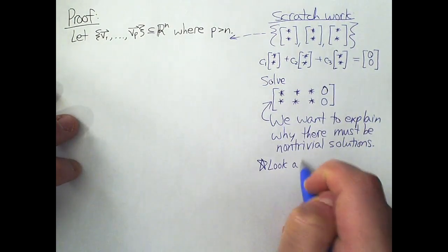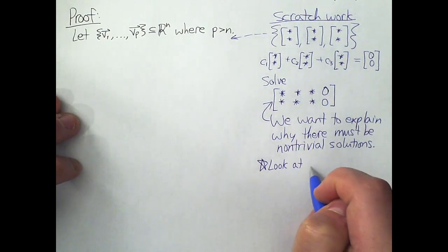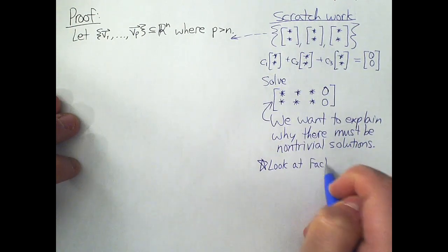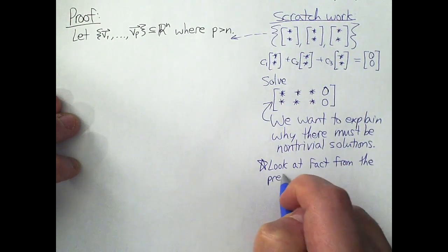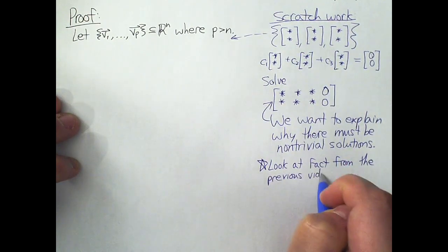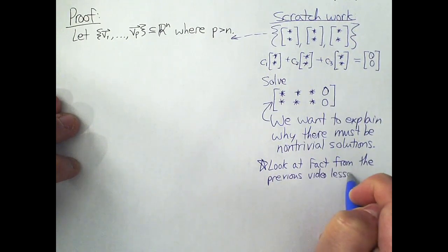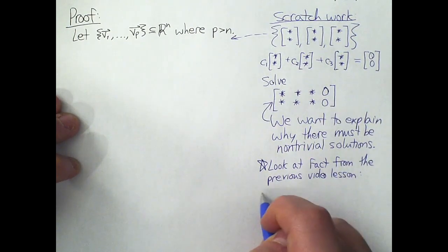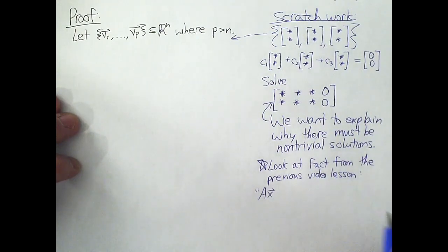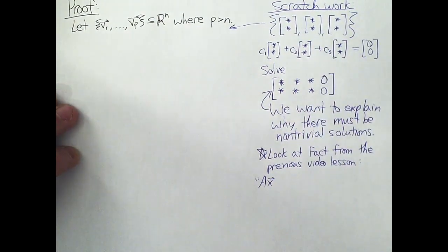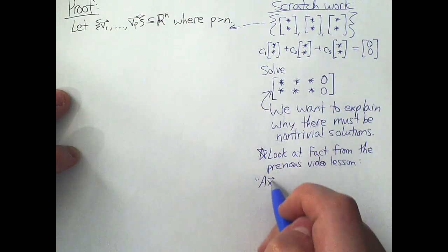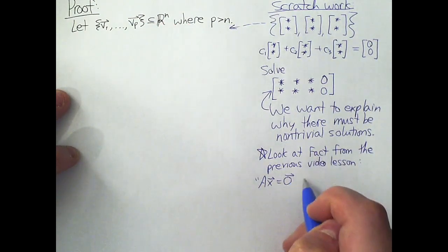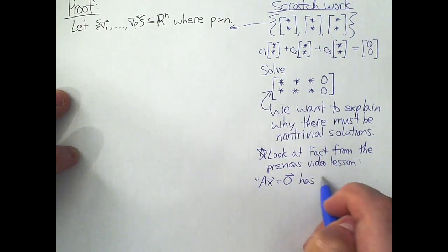You could look at a fact from the previous lesson. This scratch work is turning into a complete informal version of the proof, and then we'll write the more formal version of it. Sometimes that helps. We had a fact that said that this homogeneous system has non-trivial solutions.